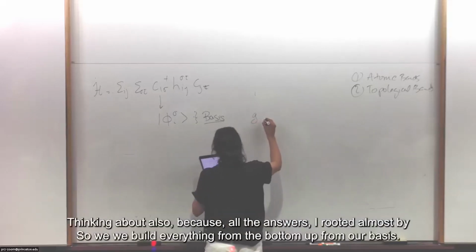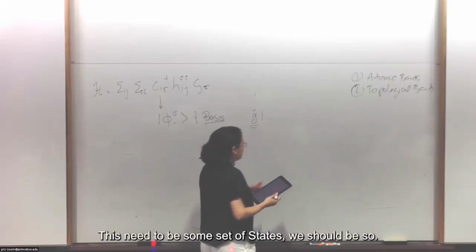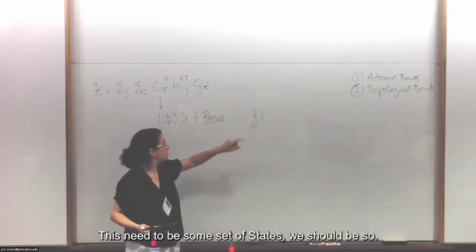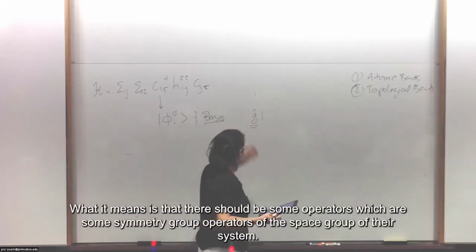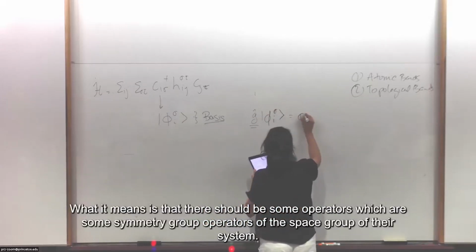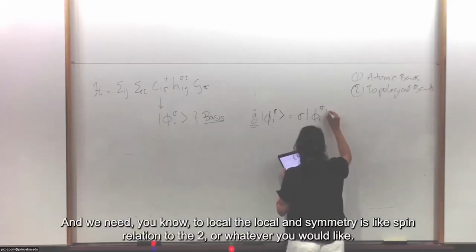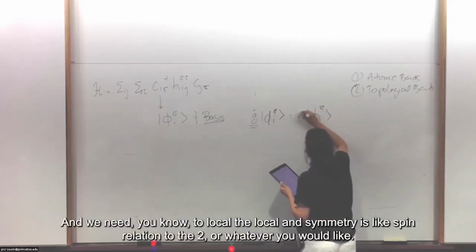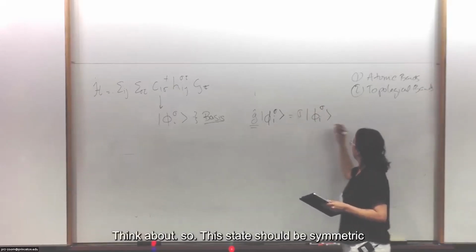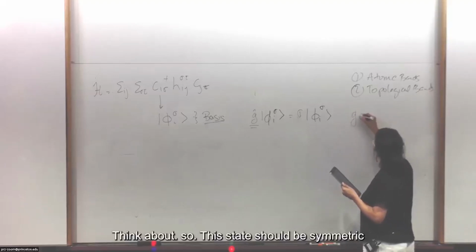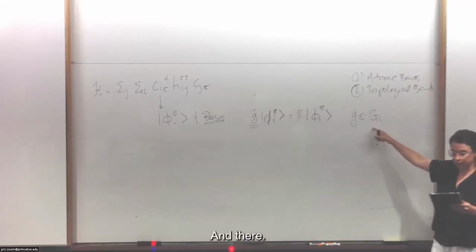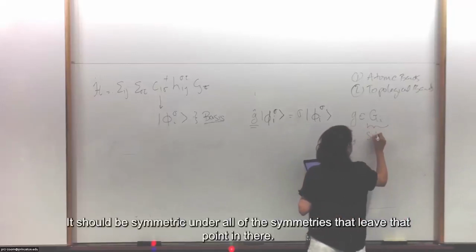So there should be some operators, which are symmetry group operators of the space group of your system, and maybe additionally some local symmetries like spin rotation symmetry or whatever you would like to think about. So these states should be symmetric under all of the symmetries that leave that point invariant.